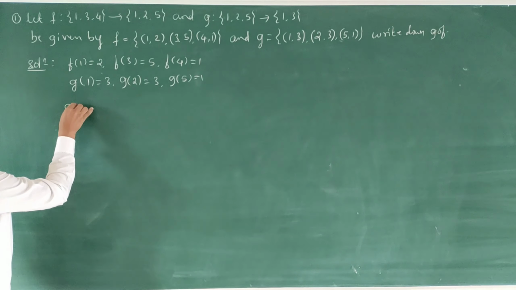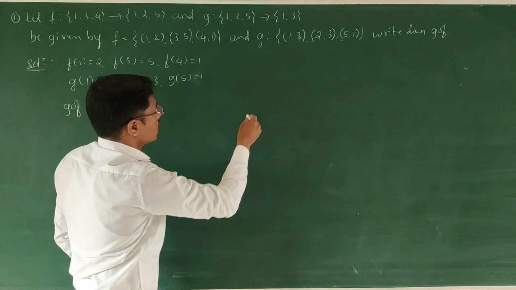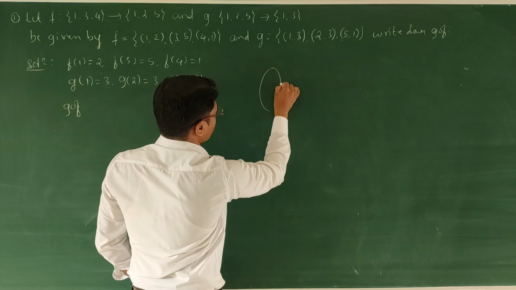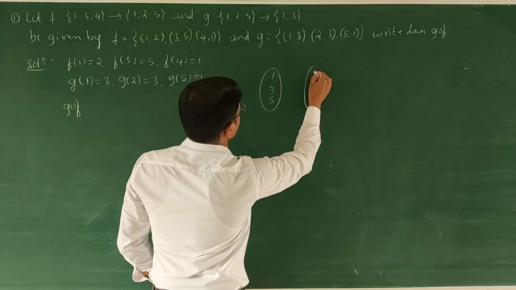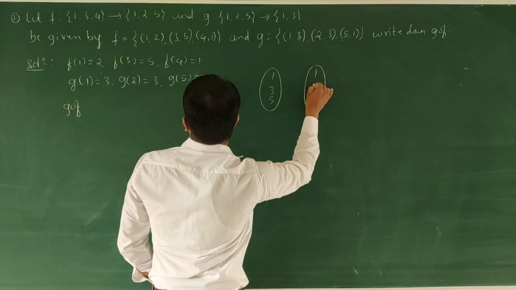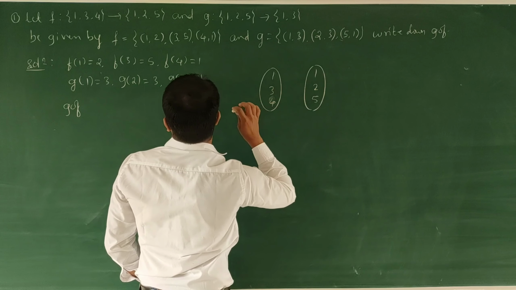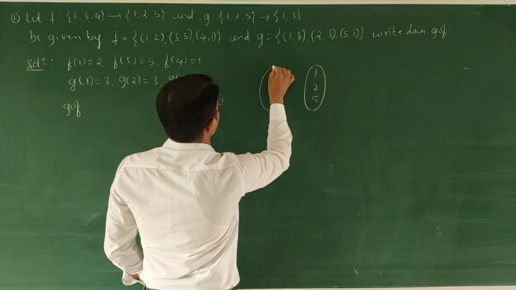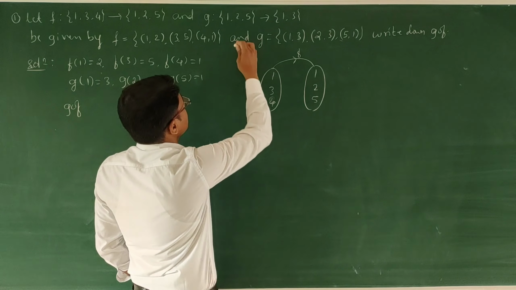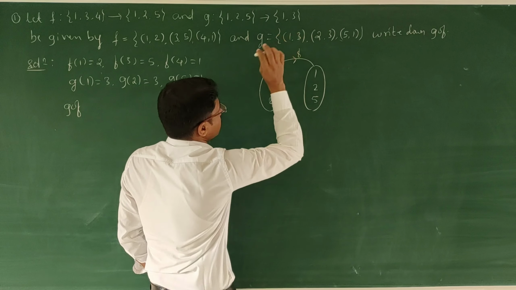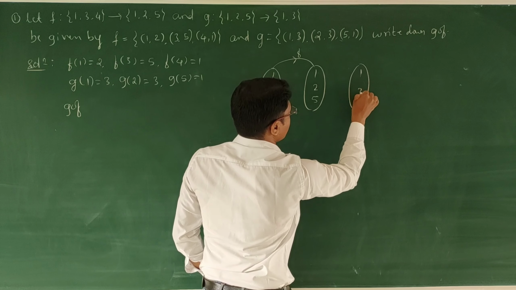So f is from {1, 3, 4} to {1, 2, 5}, right? So this is f, and g is from {1, 2, 5} to {1, 3}.